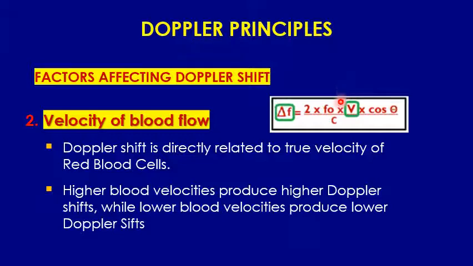This is what I'm doing all the Doppler shift to get. So it is a player, but I cannot do anything about it. Higher velocities give a higher Doppler shift. So if I'm having extremely high velocity, what happens? I'll get aliasing, because the Doppler shift will be high.